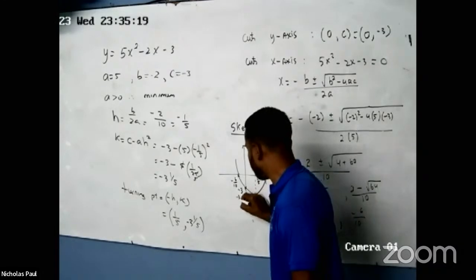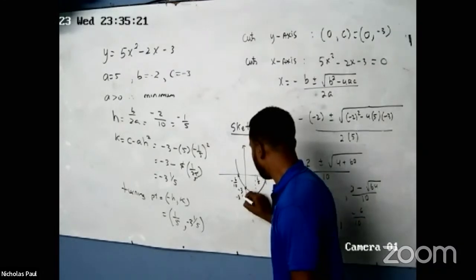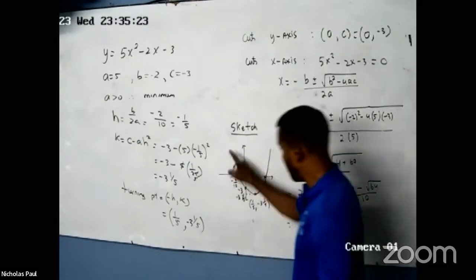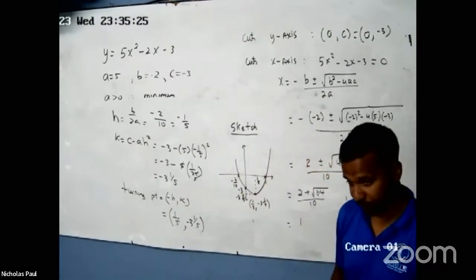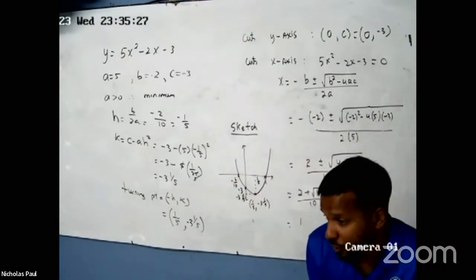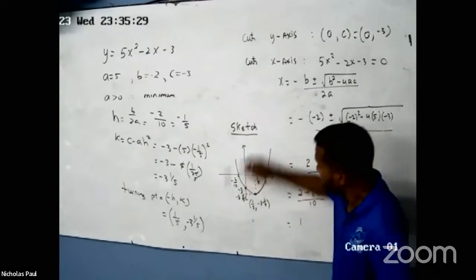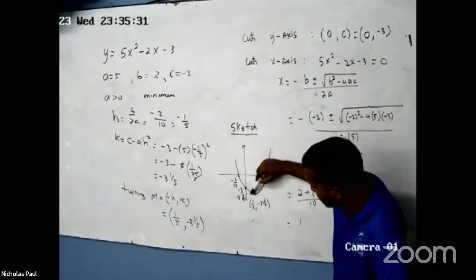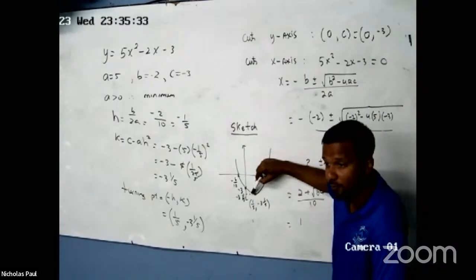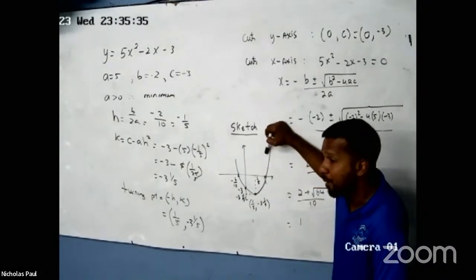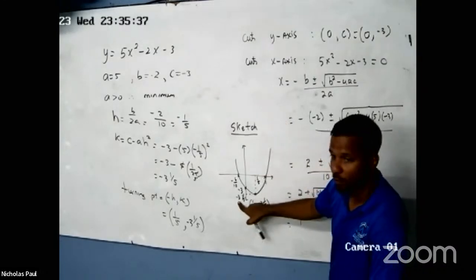This value is -3. What's the lowest value that this function reaches? -3 and 1/5. You see now? This function comes all the way down to -3 and 1/5, then it goes back up. So the minimum value is -3 and 1/5.